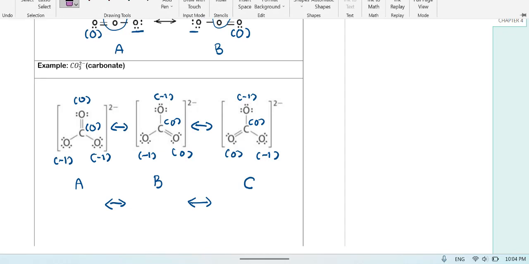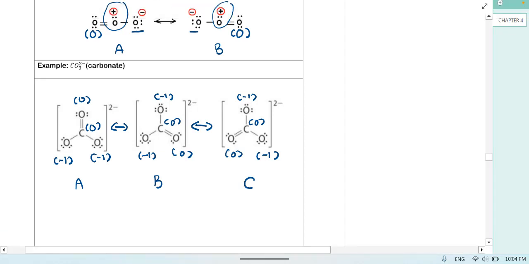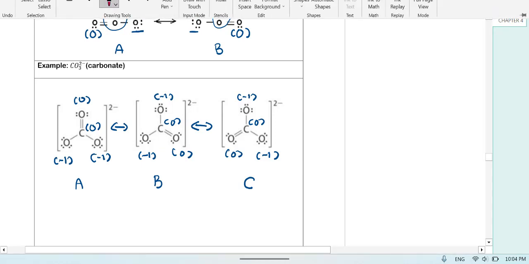Okay, sebab structure tu dia boleh jadi A, pindah balik jadi B, pindah balik jadi A, nak pergi jadi C boleh, pindah balik jadi B. So dia boleh berubah-ubah.